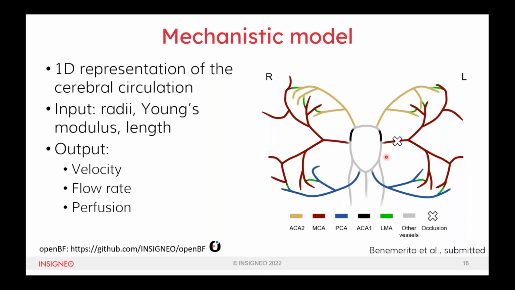Yes, at least that's what we have seen. Maybe if you have the occlusion in the same vessel, you can move it further away or closer to you by tuning the length parameter, for example. But if the occlusion is in another vessel, yeah, you have to train again.